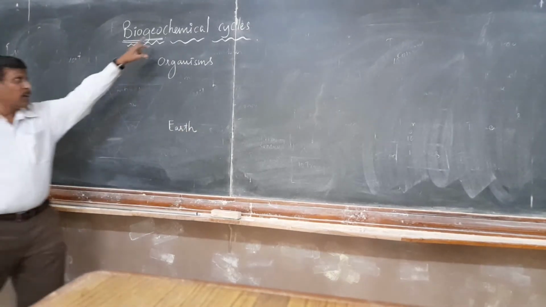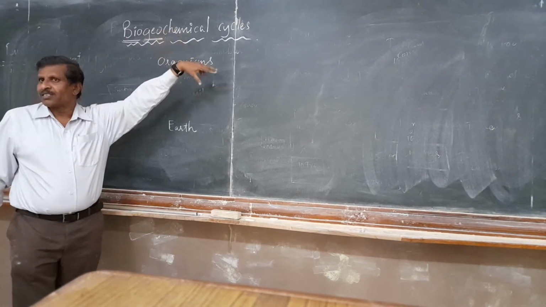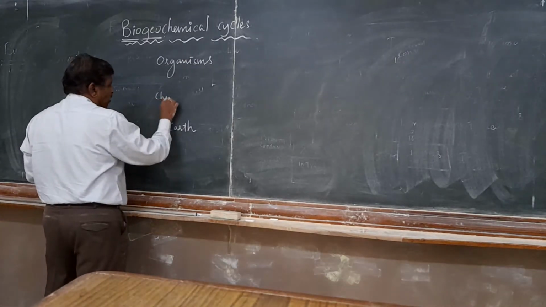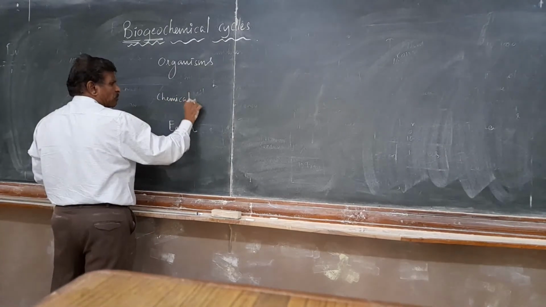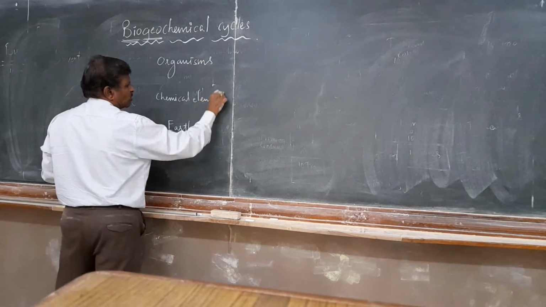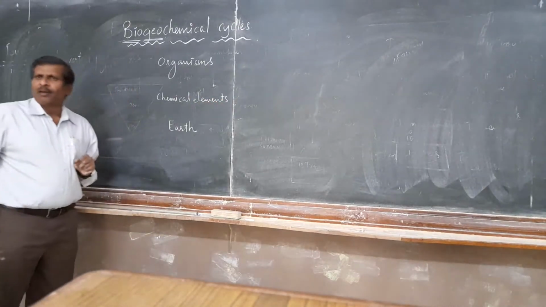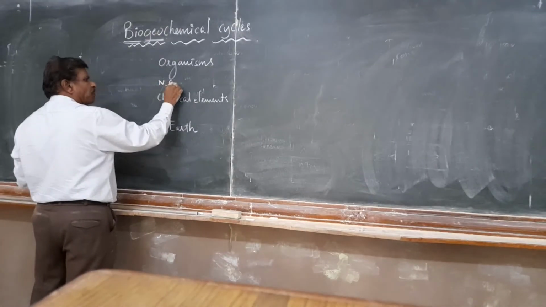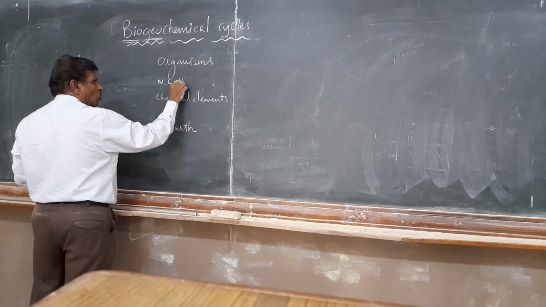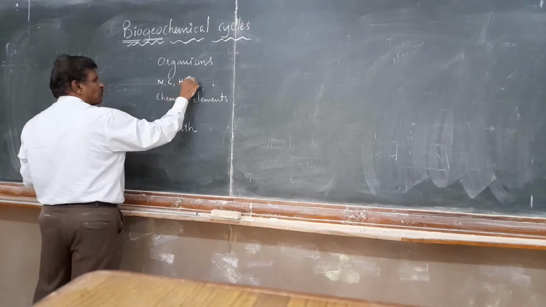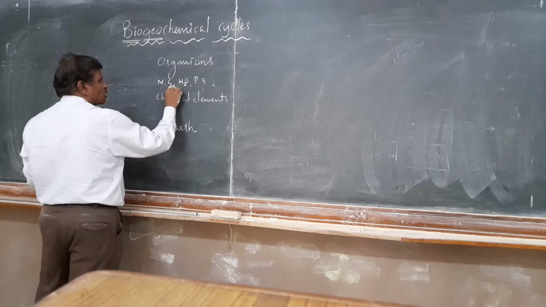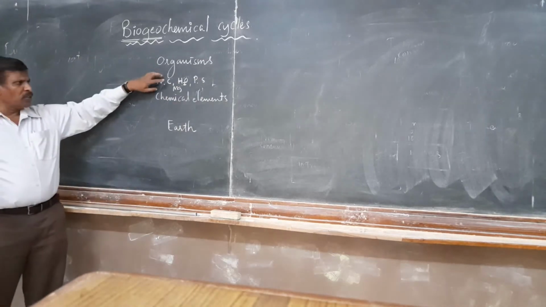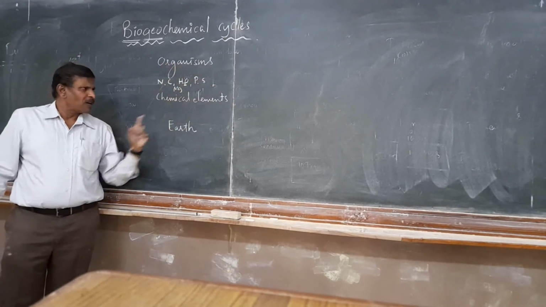Chemical cycle: certain chemical elements, maybe nitrogen, carbon, then water, phosphorus, sulfur, magnesium, etc. I am taking only the names of a few chemicals or chemical elements.